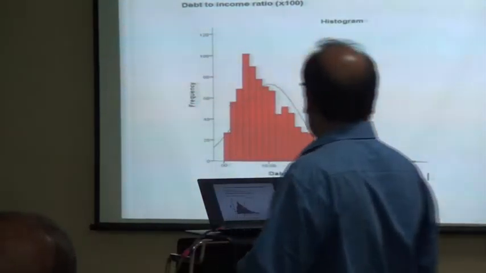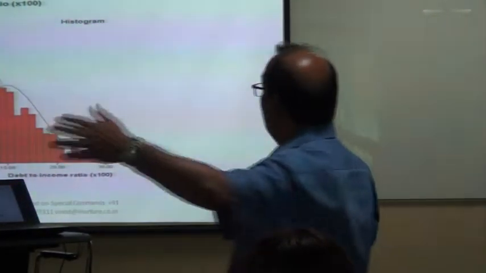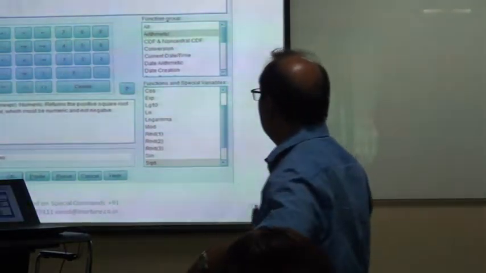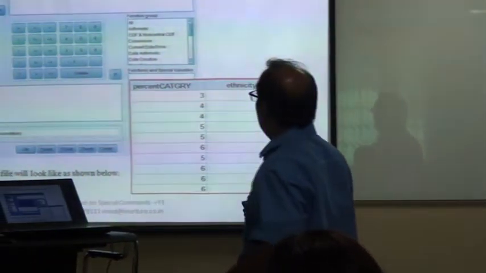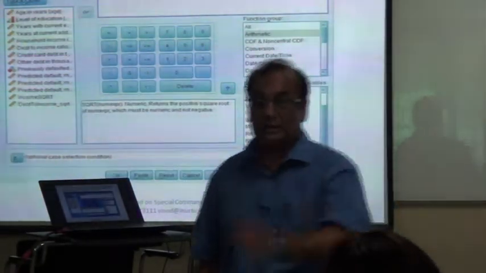How will you do the transformation? Whatever you have learned so far, by looking at these commands, you will be able to do this, where we are taking the square root of this variable.